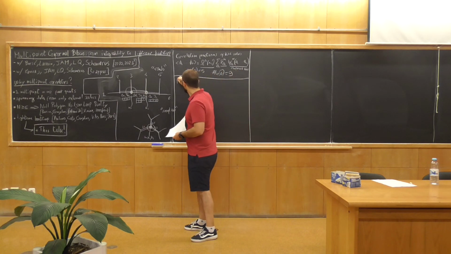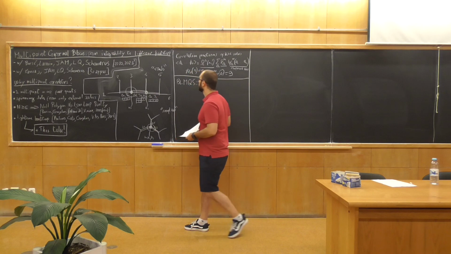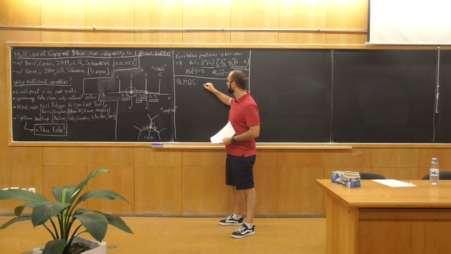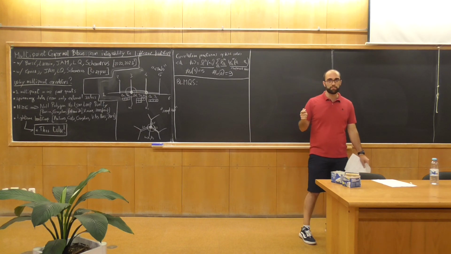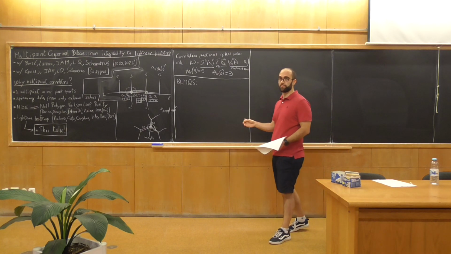And in particular, the main result of the first 2 was that we found out that the problem of computing multipoint conformal blocks can be recast as an integrable problem.